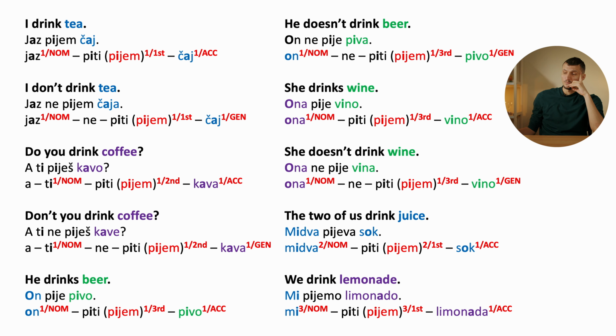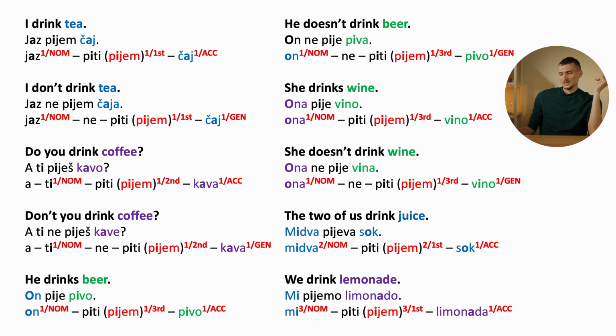So it's pijem, and that's why it's in the brackets as a red word. So go through all of these on your own, and you can let me know in the comments, or you can contact me by email. You can just let me know if anything is unclear or anything is difficult to understand.